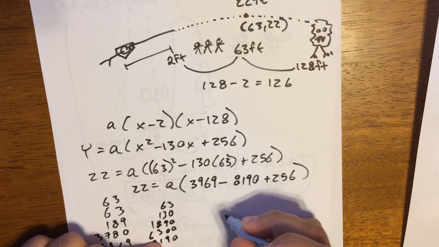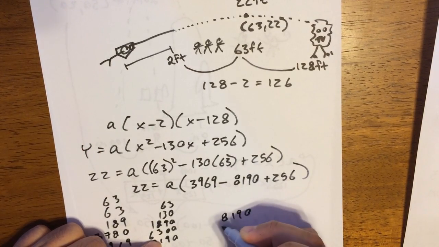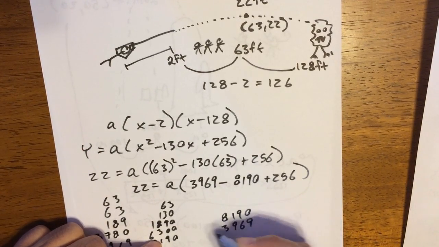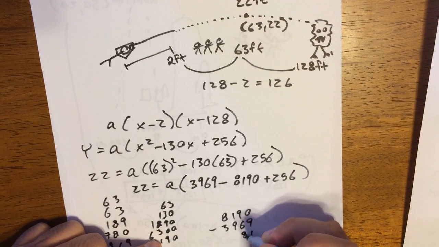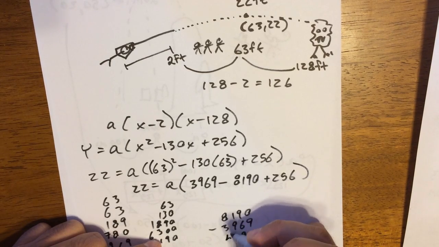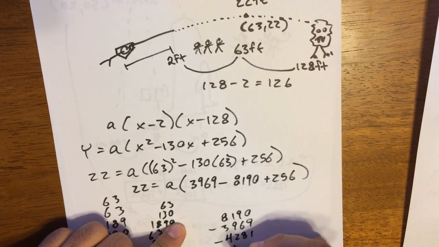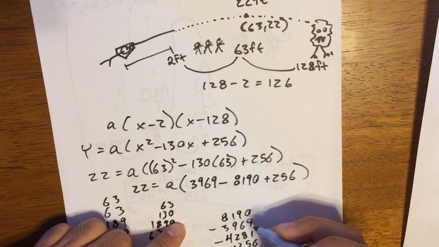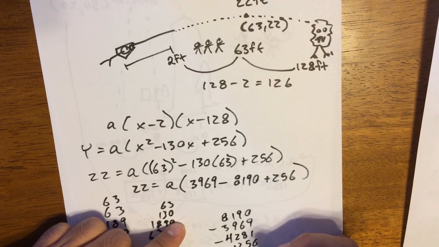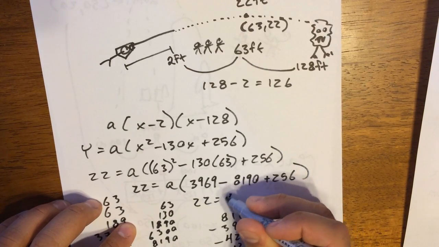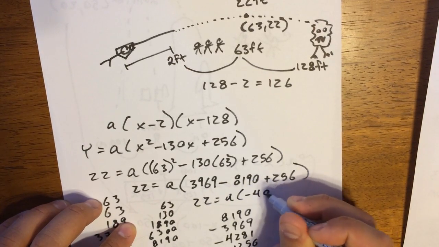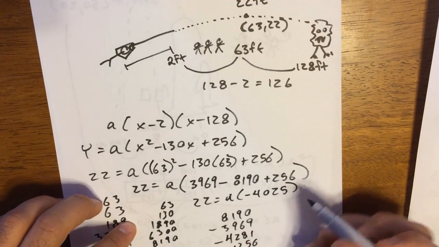Simplify this. So this is going to give me 22 equals a times negative 4,025.